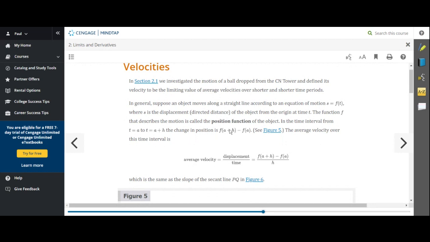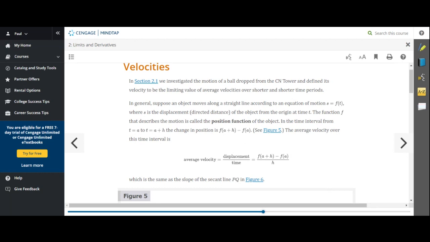If your position function, they're saying here in general, suppose an object moves along a straight line according to an equation of motion s equals f of t, where s is the displacement. The function that describes the motion is called the position function. In the time interval from t equals a to t equals a plus h, the change in position is f of a plus h minus f of a. Notice we got that h. Okay, we got h again.